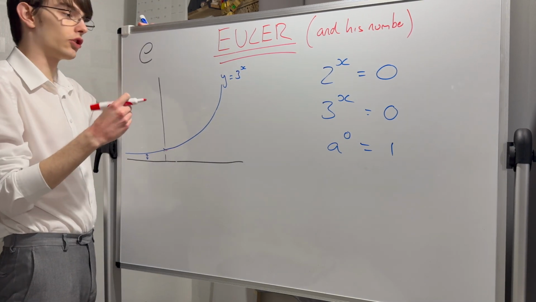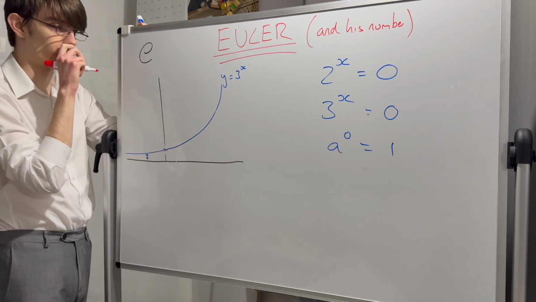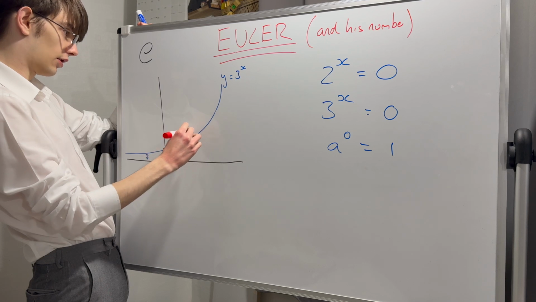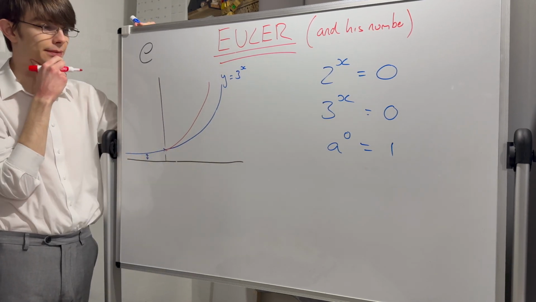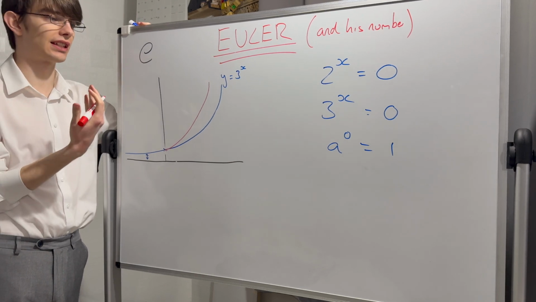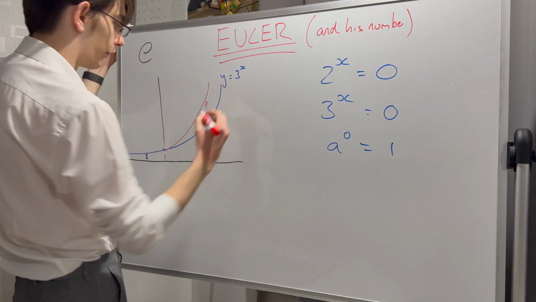Now I'm going to quickly switch to a y equals 3 to the x graph and draw the gradient function for this as well. And again, I notice it looks like this. Again, it's the same shape. That is a common feature of these exponential graphs, but this time it is slightly above.